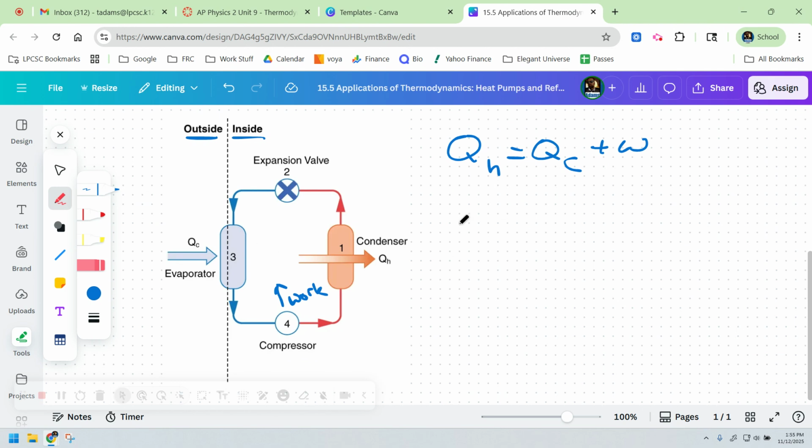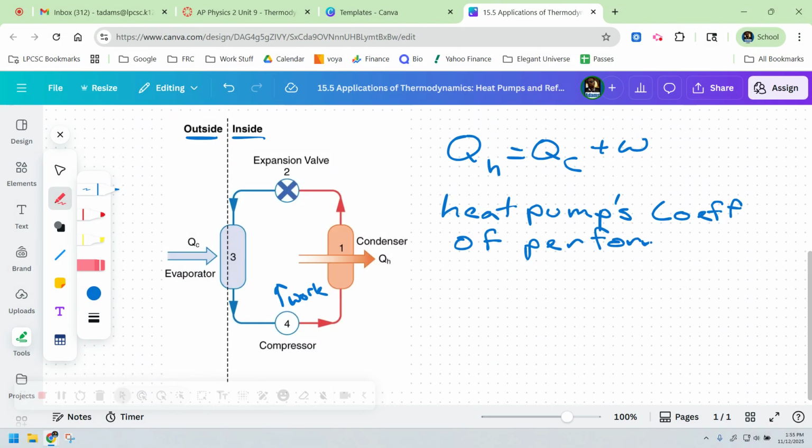And so if we want to talk about a heat pump's coefficient of performance, you just take the ratio of the high heat over the work that goes into it, okay?